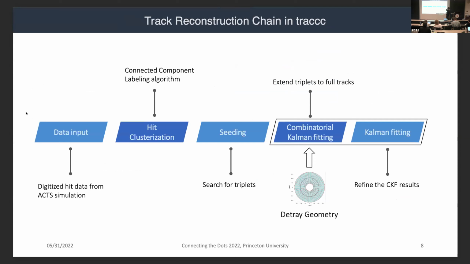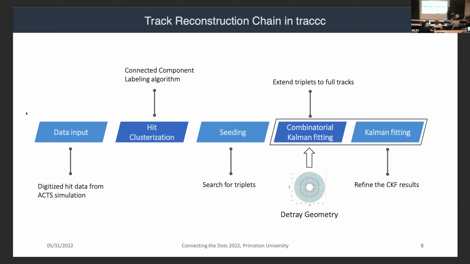And now here is the track reconstruction chain in traccc. We start from the digitized hit data from the ACTS simulation. So here comes the data input, and that data forms the clusters with the connected component labeling algorithm, and the space points created by the clusterization are used for the seeding algorithm, where we look for the triplets as ACTS does.